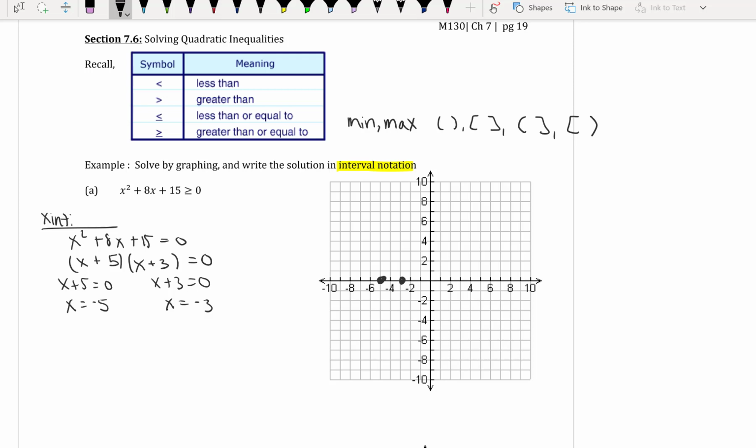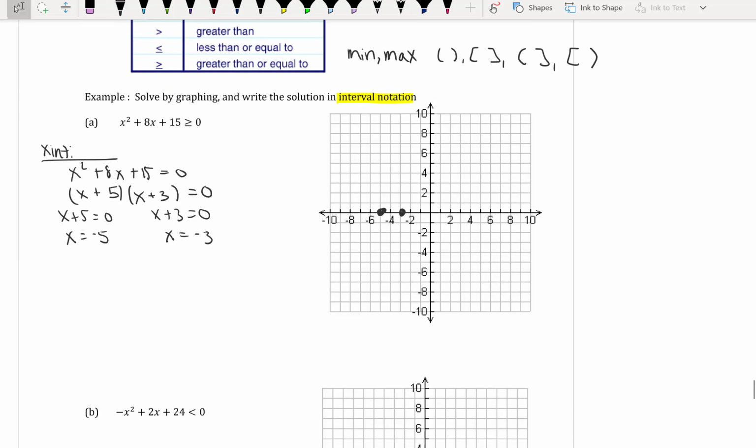Another thing that I can do here is find my vertex. Remember it's my h and my k value, and I can find my h value by negative b over 2a. In this case, it would be negative 8 over 2 times 1. So negative 8 divided by 2 is going to give me a negative 4.